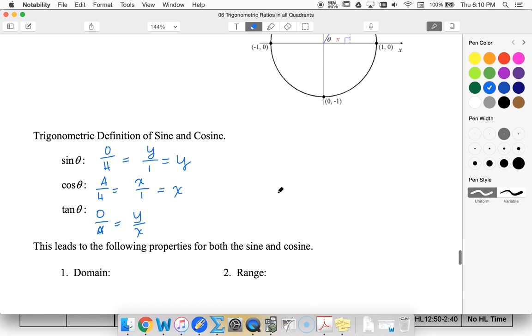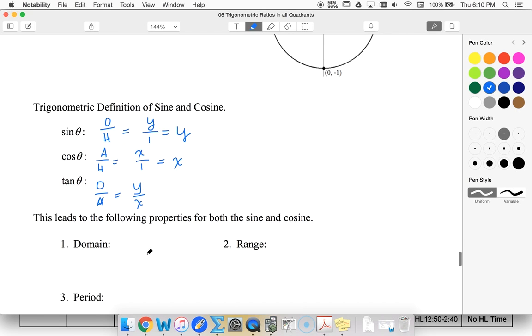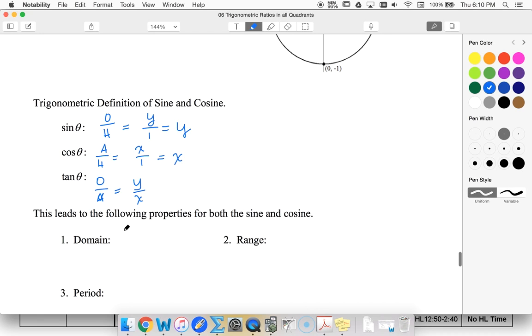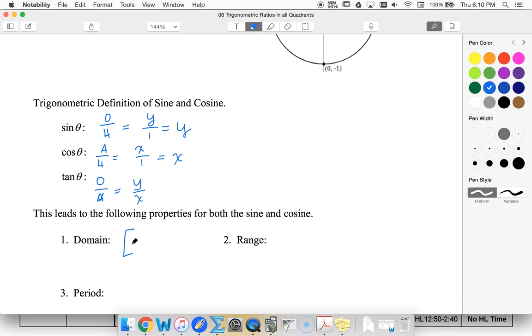What this means is that cosine theta is never going to be greater than 1, and it's never going to be less than -1. So my domain is between -1 and 1, including -1 and 1. The range is my y values, same thing, -1 and 1.